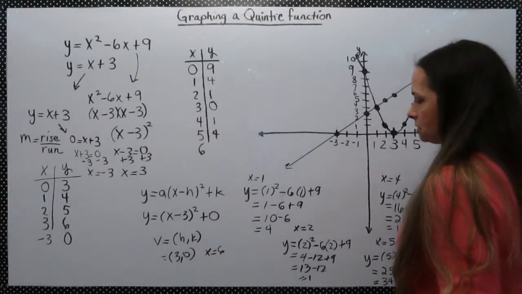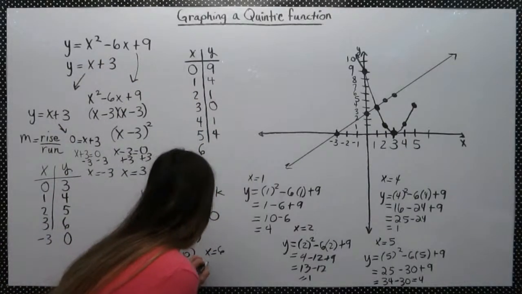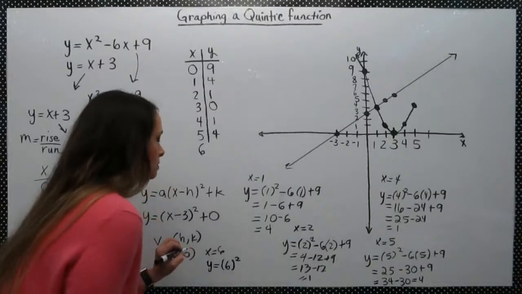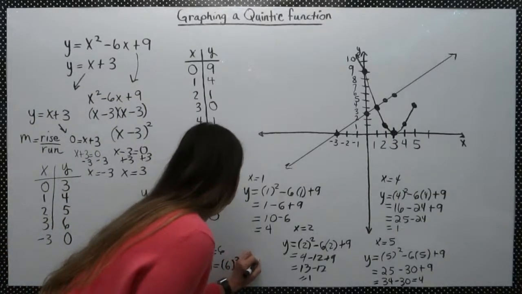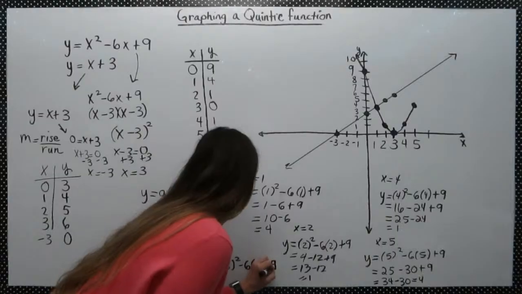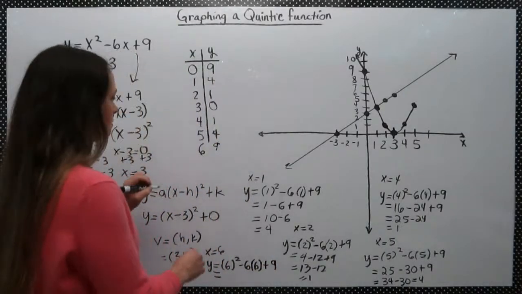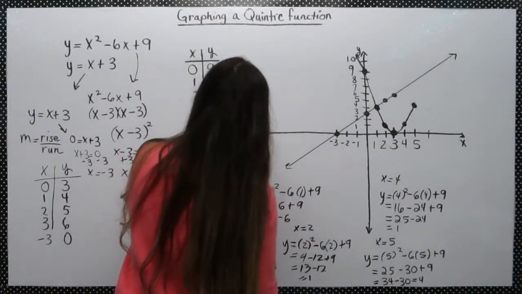X equals 6. Okay. So we have y equals 6 squared minus 6 times 6 plus 9. And I'm guessing that we're at 9 by 9. Look at that. Looks a little rough there.